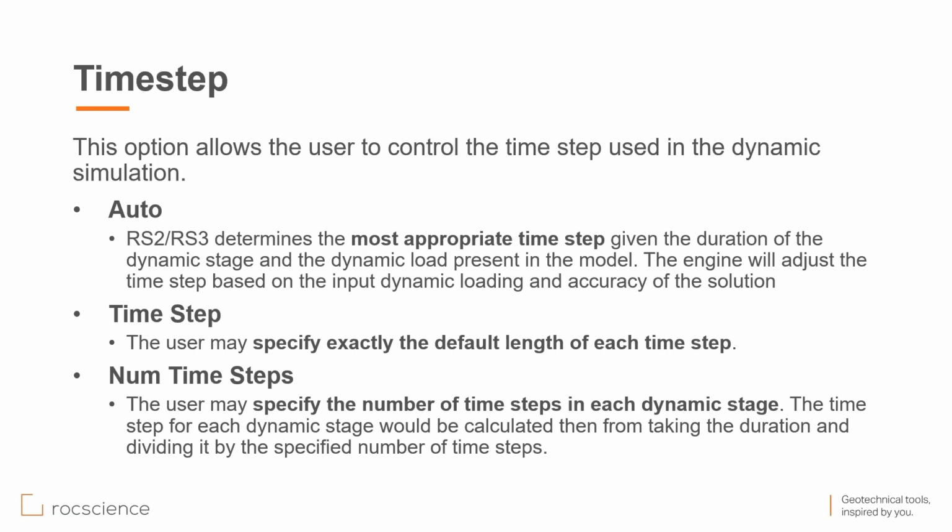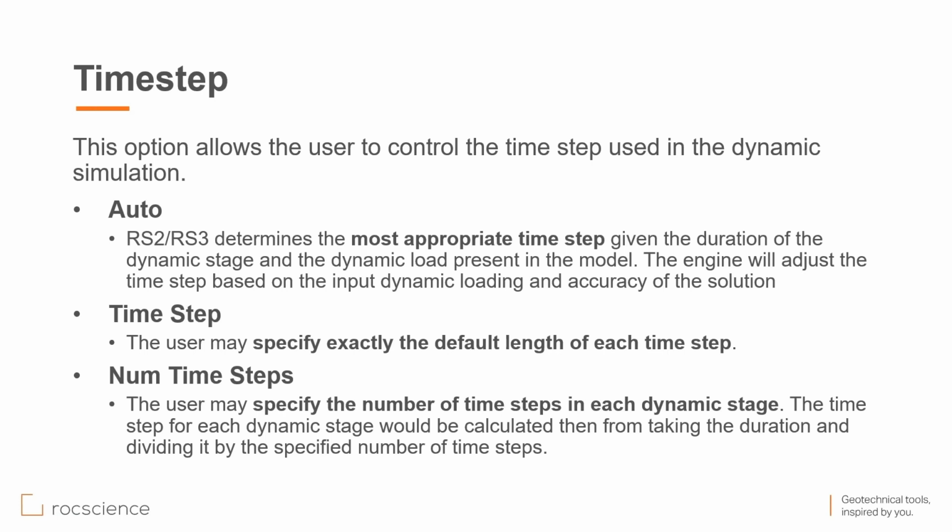It depends on the duration of the stage and it also depends on the dynamic load. And the time step will also be adjusted based on the accuracy of the solution. If the solution does not achieve the desired accuracy, the time step will be reduced, and so on. If the solution achieves the accuracy, then the time step can be increased to save compute time.